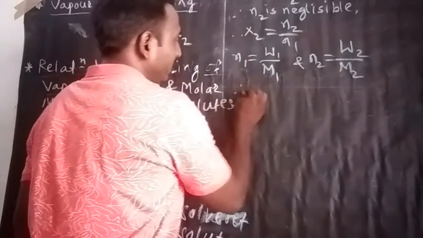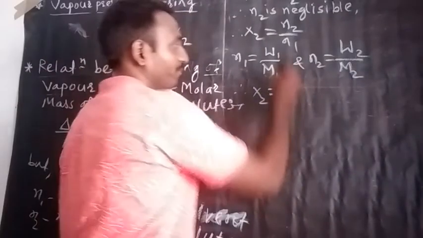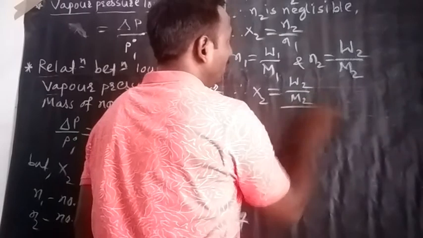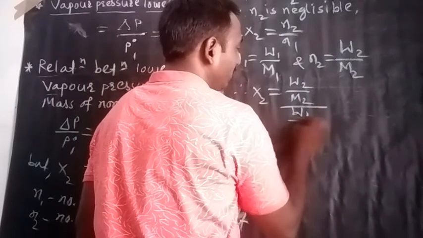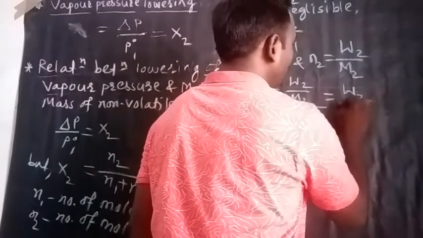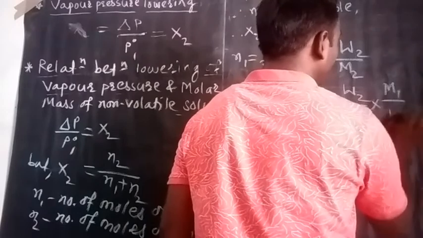From this we can write x2 is equal to n2, that is W2 upon M2, upon n1, that is W1 upon M1, which is equal to W2 upon M2 into M1 upon W1.